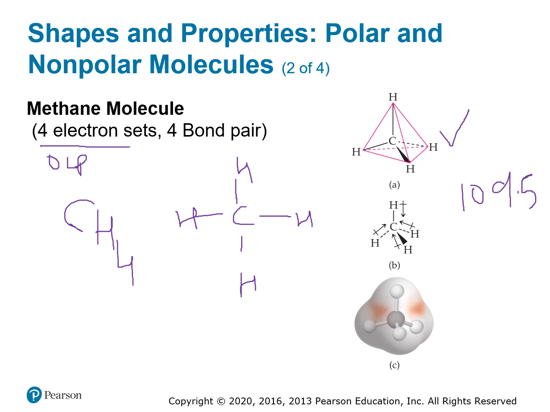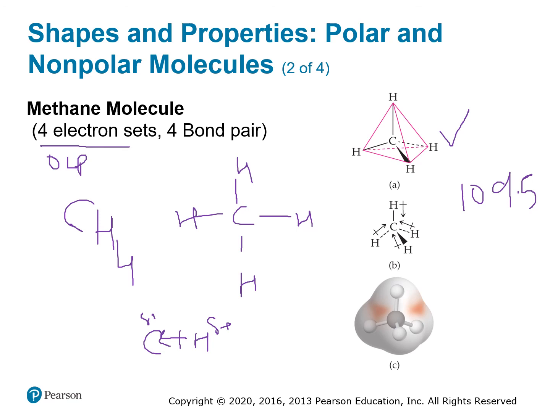Now to determine if the bond is polar or not, what do we know about the carbon and hydrogen bond? Carbon is more electronegative, right? So this is delta negative, and this is delta positive with respect to hydrogen. Here these arrows are telling you whether these bonds are polar or not.